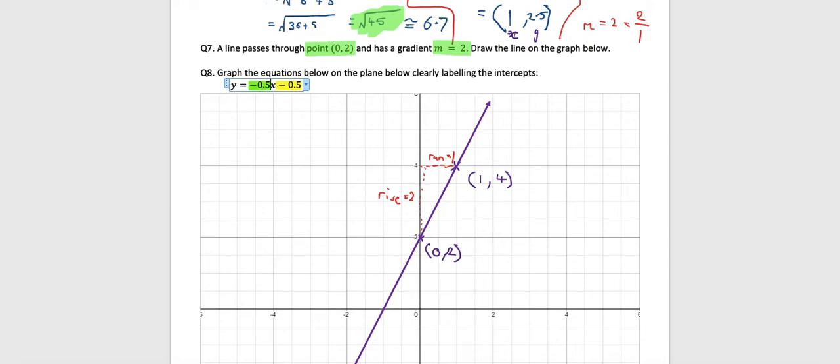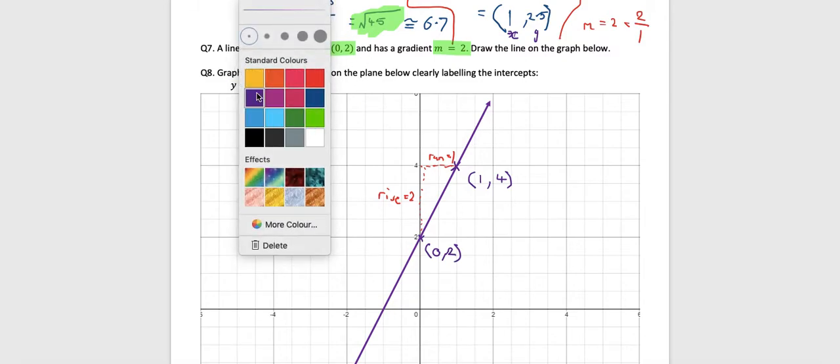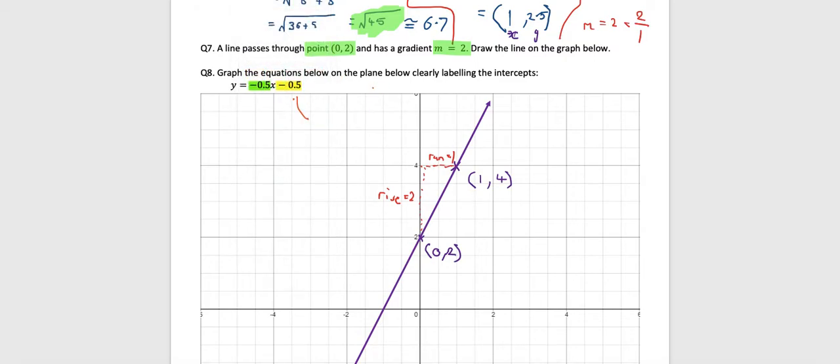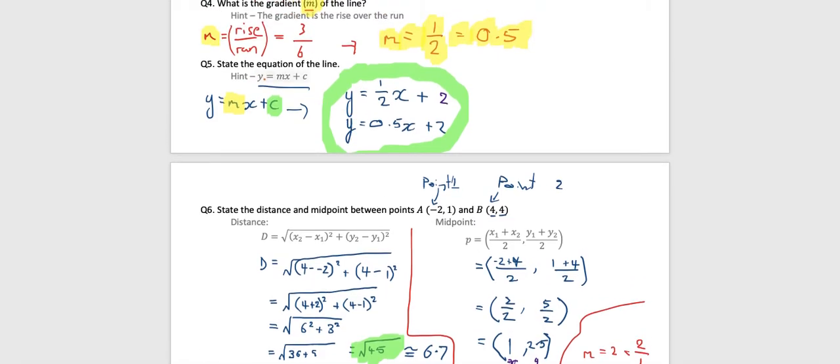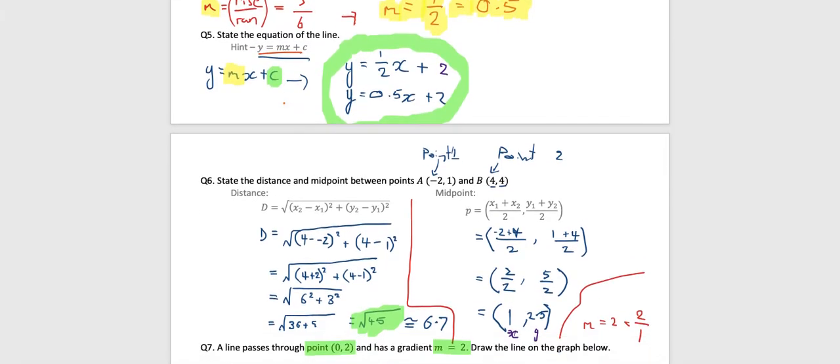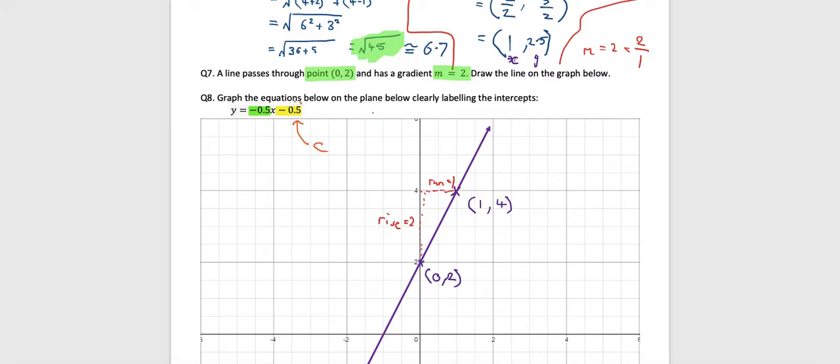Now jumping back into my drawing tools, get my orange. This value here is equal to C. So remember the equation of a line, y equals mx plus c. This value here represents C, and that means the C value is the location at which we cut the y-axis.